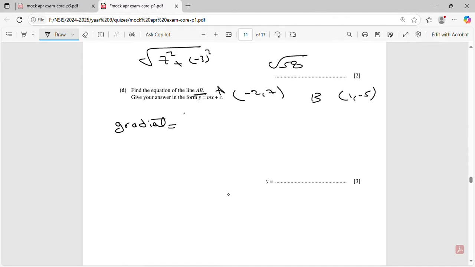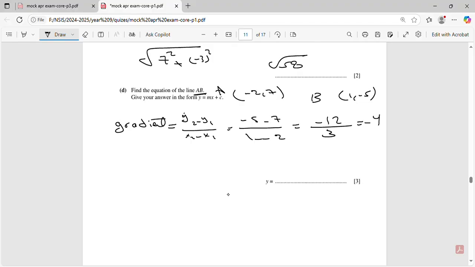We know from before, y2 minus y1 over x2 minus x1. So y2 here is negative 5, y1 is 7, x2 is 1 minus x1 which is negative 2, so it would be negative 12 over 3, which is equal to negative 4.